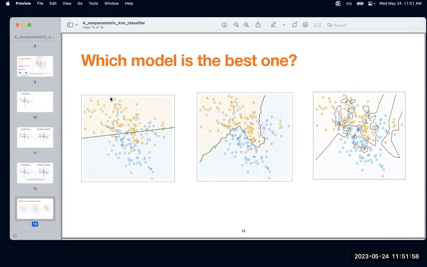On the left-hand side, we have our linear model, and you see that the decision boundary is a straight line. In the middle, you have the 15 nearest neighbor classifier, the first example that we visited in this lecture. You see that you have a very nonlinear decision boundary here. And then finally, on the right-hand side, you have the 1 nearest neighbor classifier.